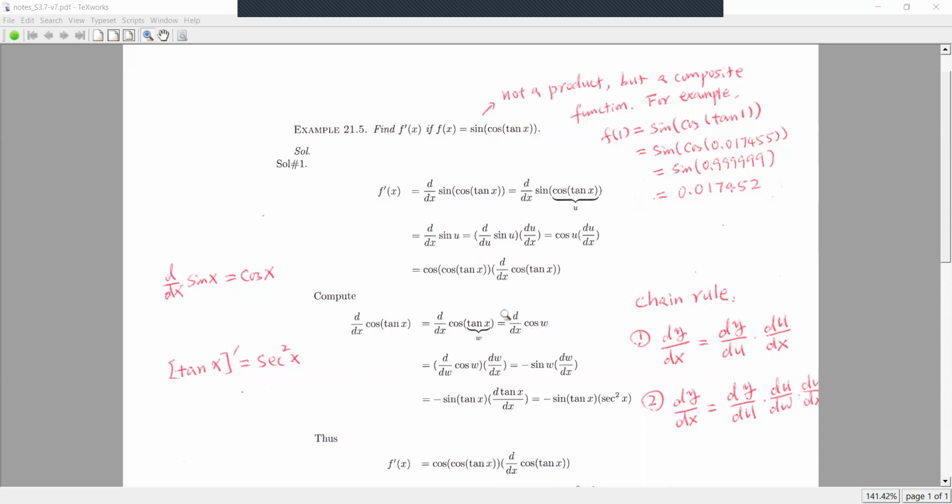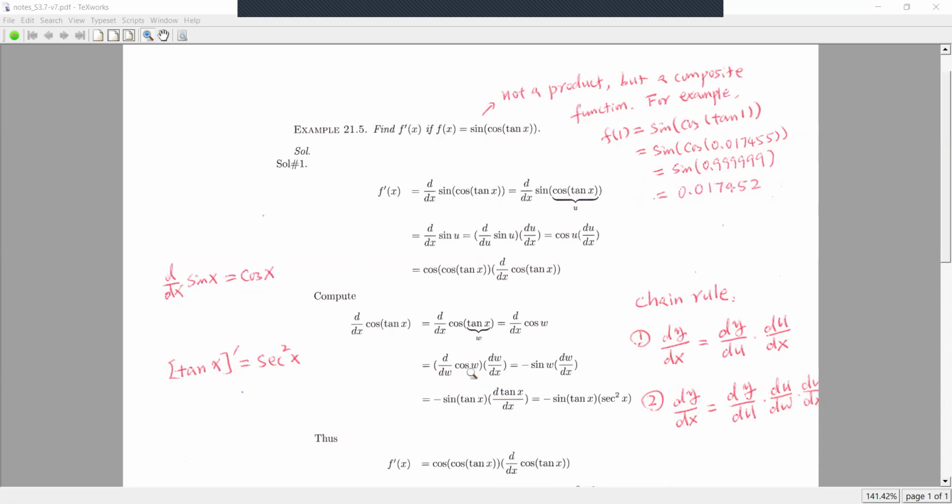To compute this derivative, chain rule. I insert dw in the denominator. To cancel this dw, I need to put a dw on the numerator. This step is the chain rule, and this is a product of two derivatives.